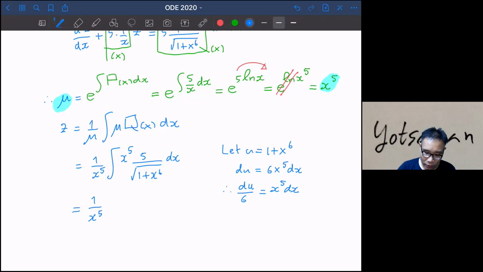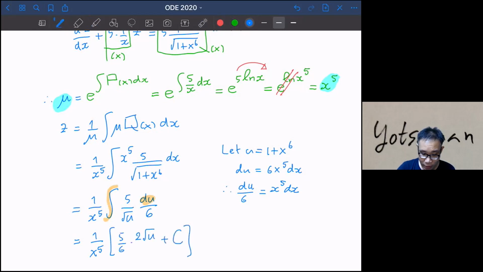And what is it going to be? It's going to be the integral of 5 du over square root of u times 1 over 6. So this one will be the integral of du over root u, with 5 over 6 outside, and the integral of 1 over root u is 2 root u plus c.